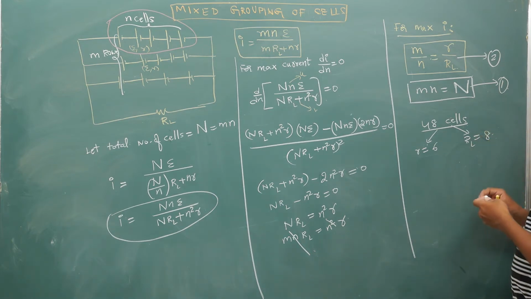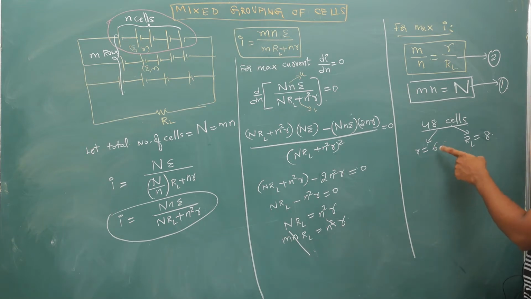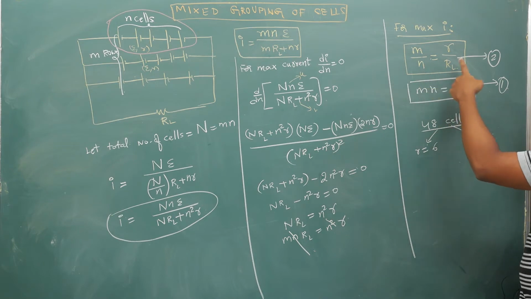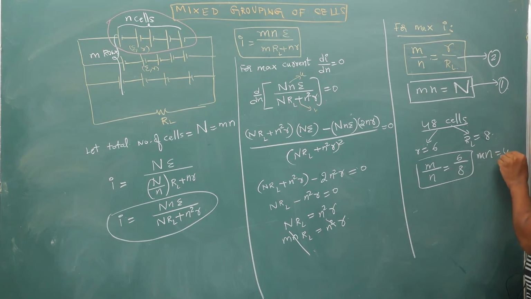Then, according to my logic, 6 into 8 is 48, and 6 by 8 is small r by capital R. So you should have small m by small n equal to 6 by 8 and mn equal to 48.